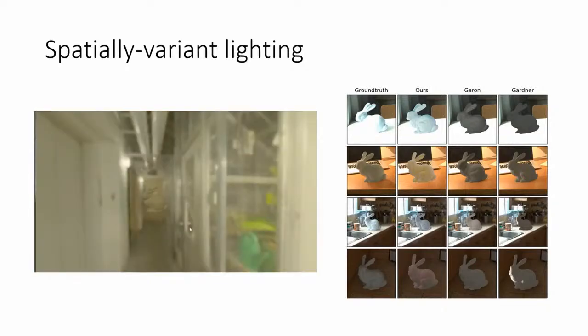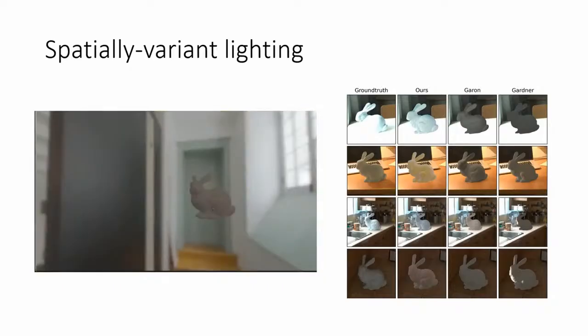It also interacts with local environments by mimicking some global illumination effects, such as the diffuse color of the surroundings and other effects that are not possible with other methods. And one more example here, where the bunny reacts to the window on the right side of the video, showing the spatially variant lighting effects. Thank you very much. I'm now happy to answer any questions about our work.